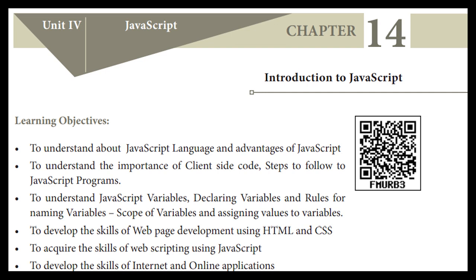Okay, so for that we'll be using the prompt dialog box, and at last you'll be learning about JavaScript comments. Same like HTML comments, here also in JavaScript you will have comments. A single line comment will start with a double slash. Two slashes will be there. A multiple line comment will start with a slash and a star, or slash and asterisk, and all the comments will be written inside, and at last it will end with star slash.